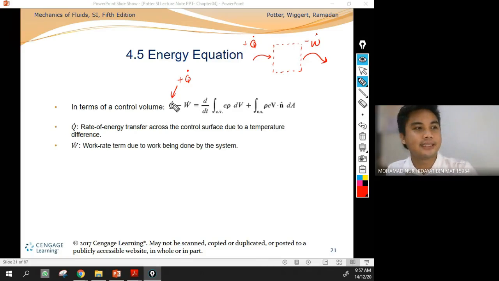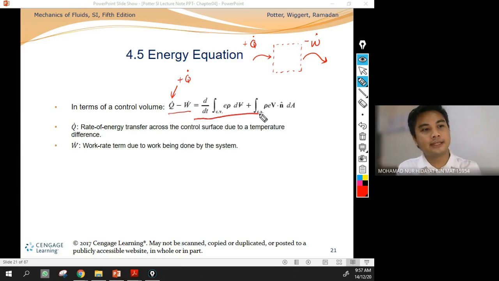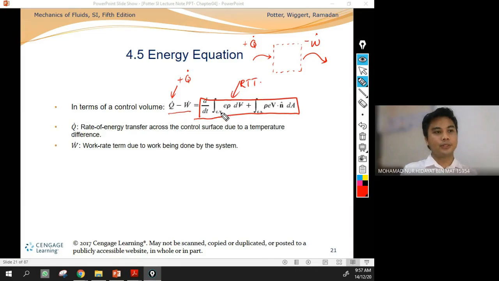So you can see that Q minus W, because Q plus minus W. This is the energy term. And the same thing that we derived previously, this term is the RTT term, the Reynolds transport theorem. I tried to derive it. This is in terms of the control volume, and this is in terms of the control surface. This surface here, we call it the control surface, right?